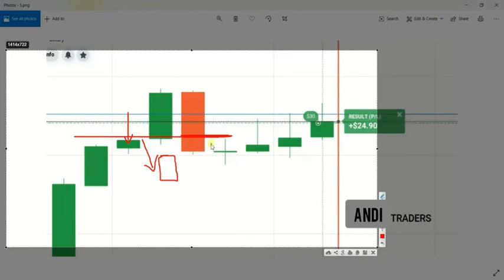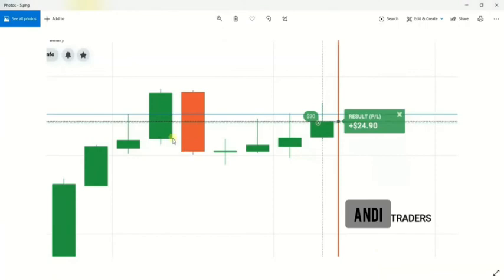So the wicks are important at the levels. If you have any level here, this wick shows us the sellers are here, so you can go with buyers. But if you have a resistance level here, this wick shows us the sellers rejected the market very strongly and the sellers are strong, so the next candle will go down. So this is about the wicks.